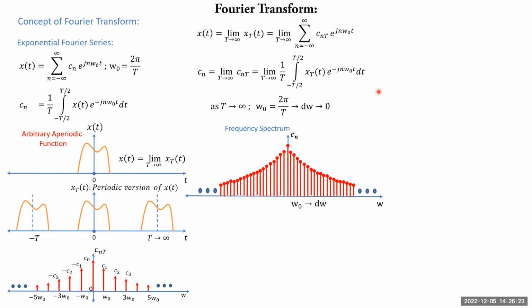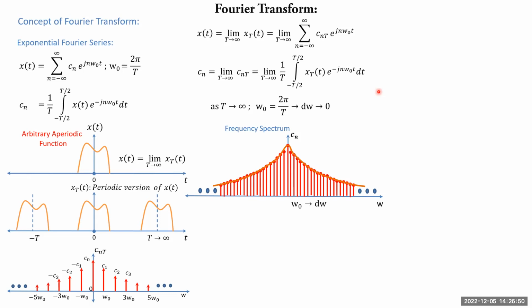And then one can visualize that as T tends to infinity, the fundamental frequency omega naught tends to d omega, which tends to 0, and hence the frequency spectrum will become continuous in nature. So this is a physical interpretation of the frequency spectrum of a signal as T tends to infinity.